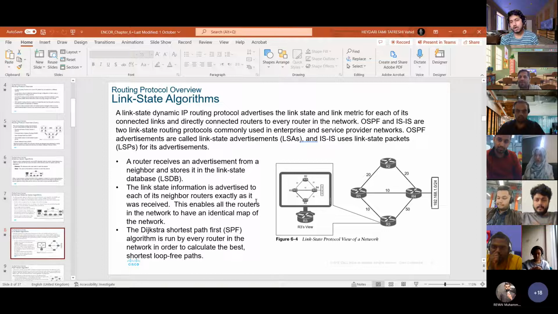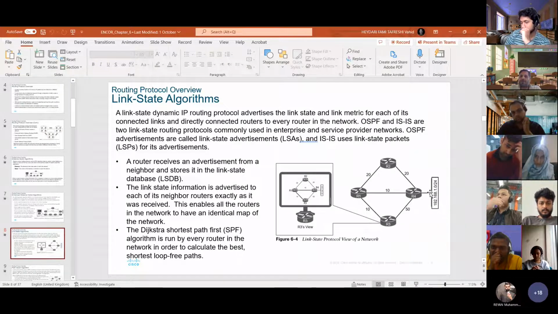So let's say here R3, for instance, is aware of this way, and this way to get to R2, or this way, or this way to get to R4's 192.168.10.0/24 subnet.